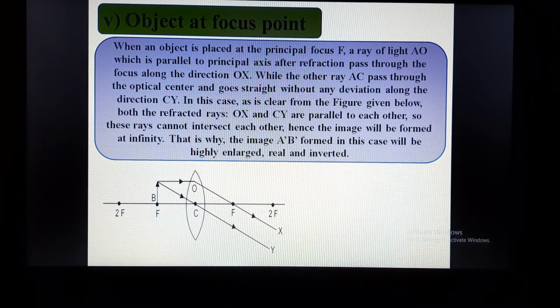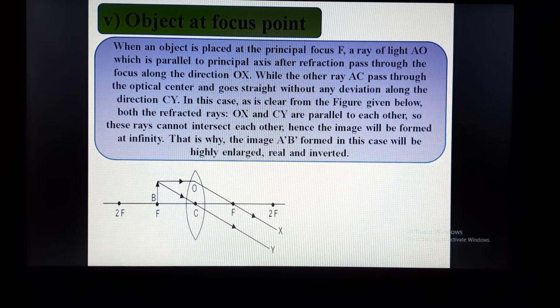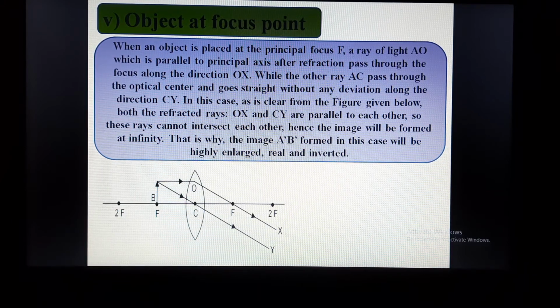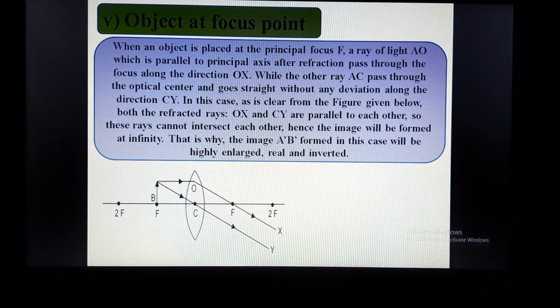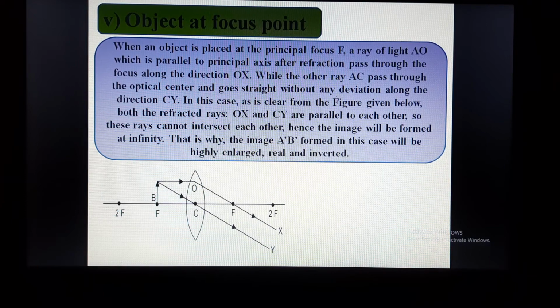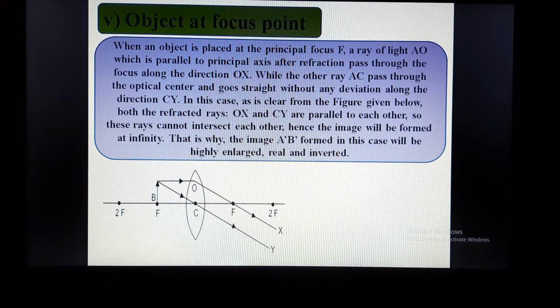Hence, the image will be formed at infinity. Also, if you extend these two parallel rays behind the lens, they will also be parallel. Hence the image will be formed at infinity.